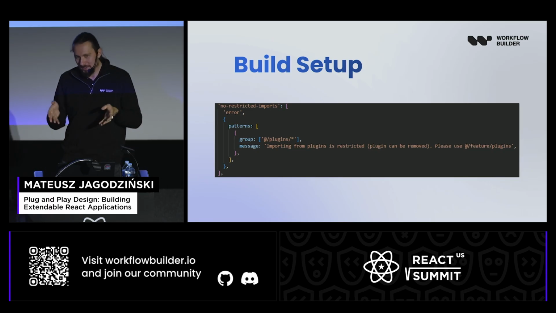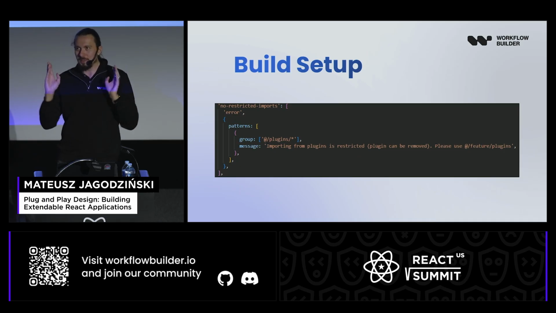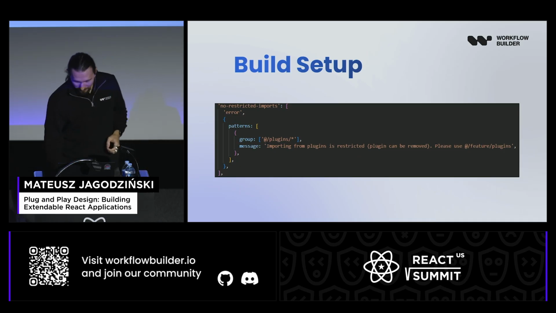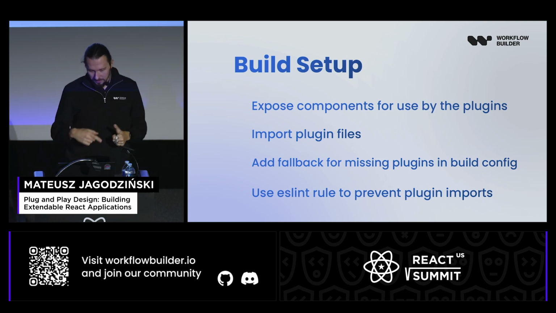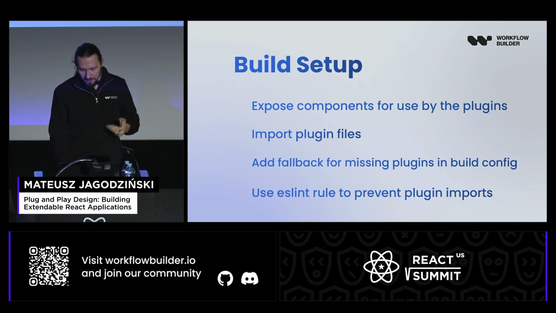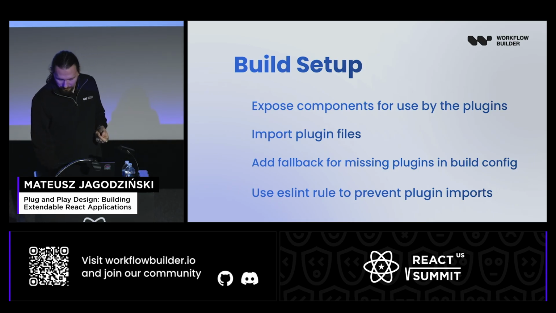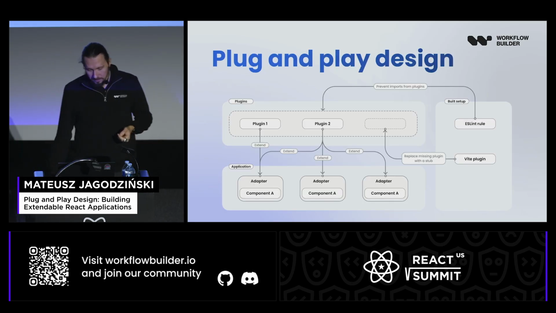And this enforces the programmers to basically keep the plugin code within the plugins folder. So to sum this up, expose the components for use by the plugins, import plugin files, we have this fallback if we delete something, and use ESLint to enforce this on the developers.